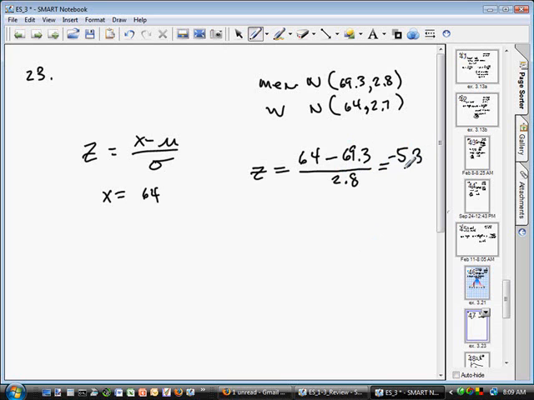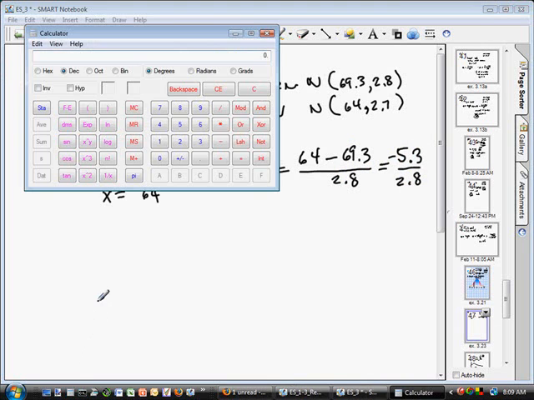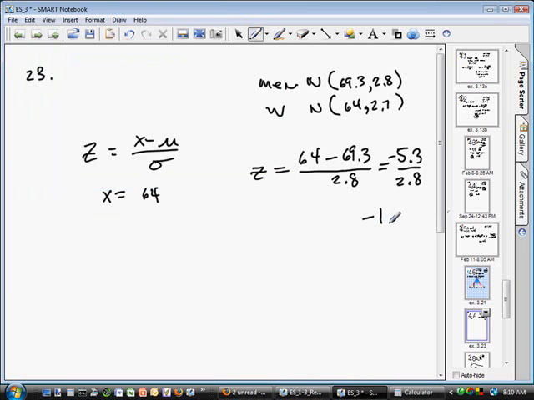And that's divided by 2.8. Let's quickly check what that comes out to. 5.3 divided by 2.8 is negative 1.89. So now I have a z-score.